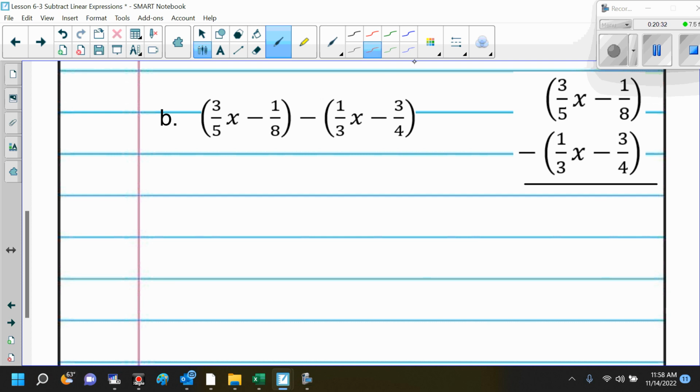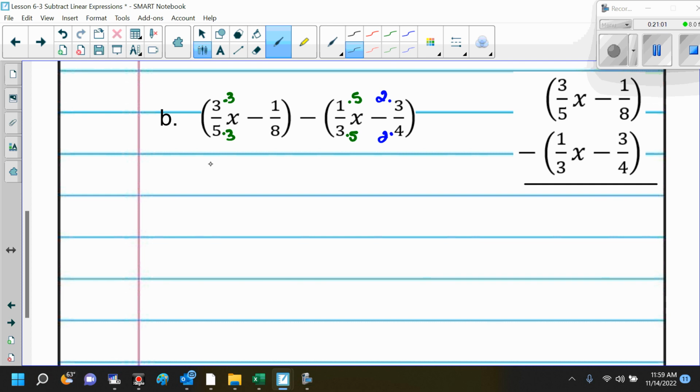15. So we want to multiply times 3 times 3, and then over here we're going to multiply times 5 times 5. With 8 and 4, the common denominator is 8. So we're going to multiply times 2 times 2. Is everybody with me? Now, I'm going to go ahead and rewrite before I do my distributive property.